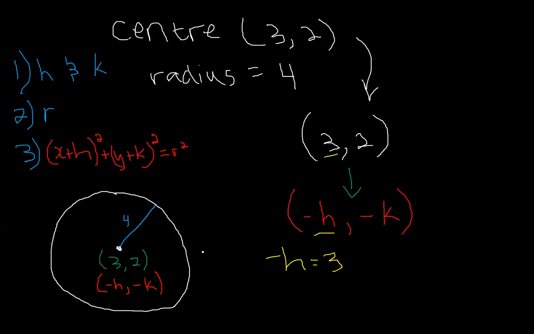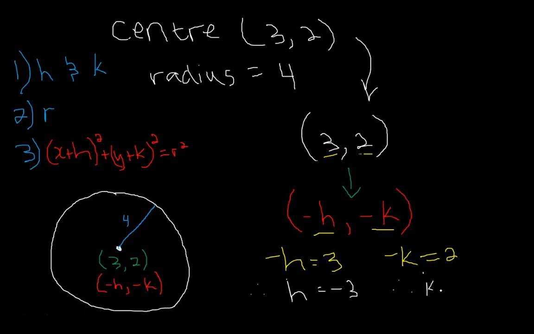Therefore, h has to be equal to -3. Next one. 2 is minus k, but we don't want minus k. What we're trying to find is the value for k by itself. Therefore, k has to be equal to -2. Everybody got that?